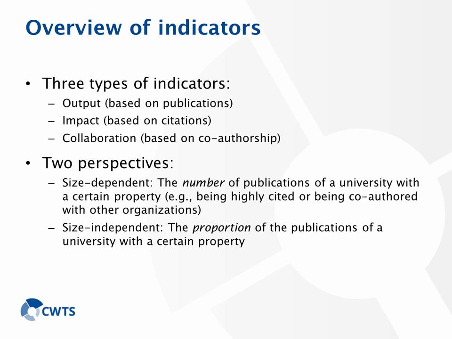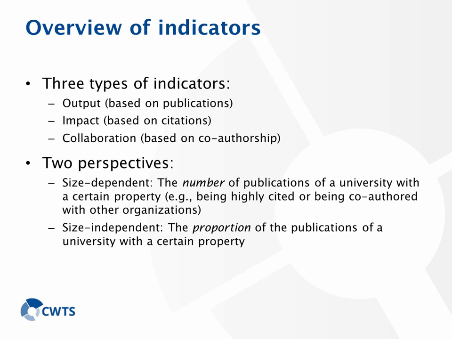For instance, the number of highly cited publications of a university and the number of publications of a university co-authored with other organizations are size-dependent indicators. The proportion of the publications of a university that are highly cited and the proportion of a university's publications co-authored with other organizations are size-independent indicators.